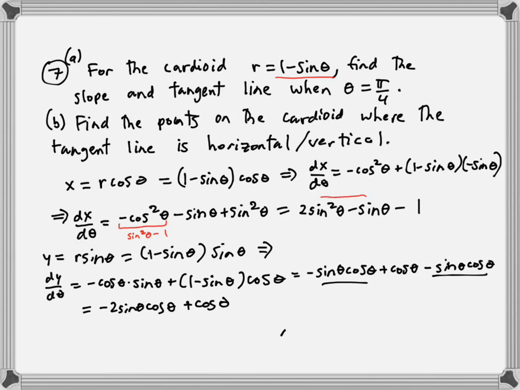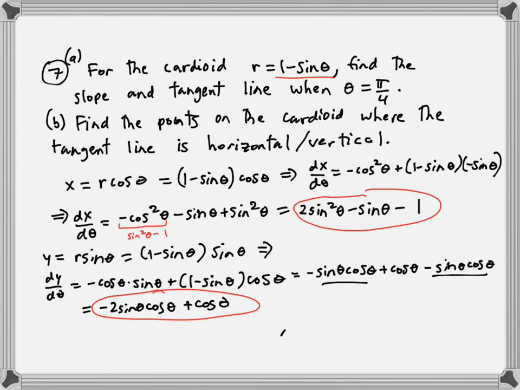Okay, look, this is dx d theta, and this is dy d theta. So now we can find their derivative by just dividing them. So this implies that dy dx, remember, we know that this is dy d theta divided by dx d theta. So what is this equal to?